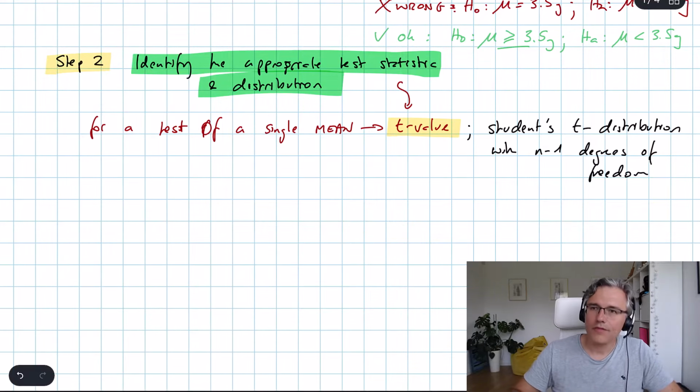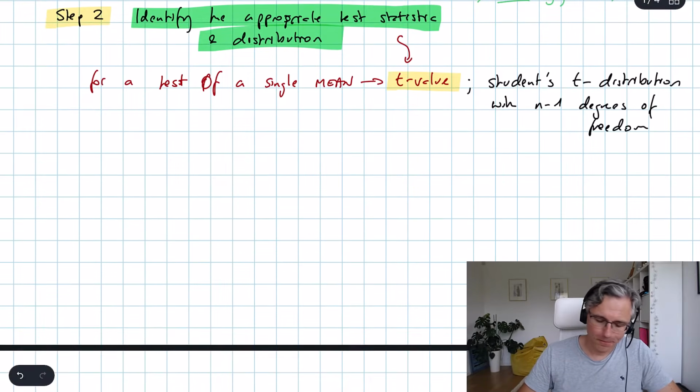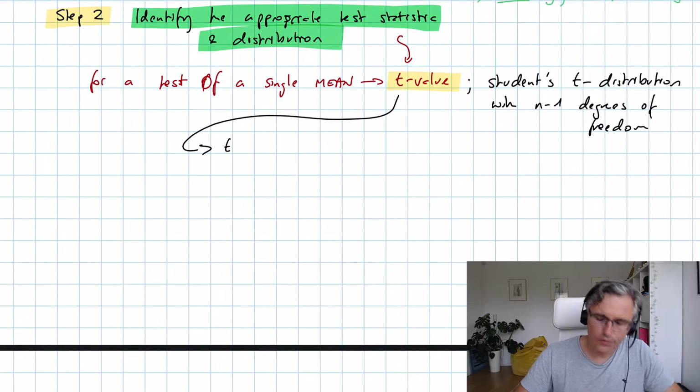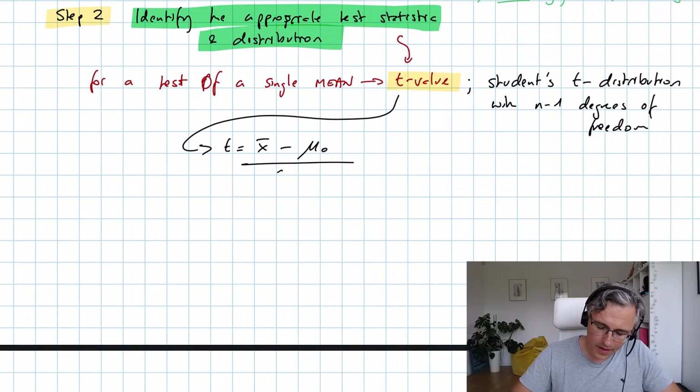Now, I'm going to write down the formula because this t-value is computed as t equal to x bar minus mu from the null hypothesis divided by s, which is scaled by the square root of n.